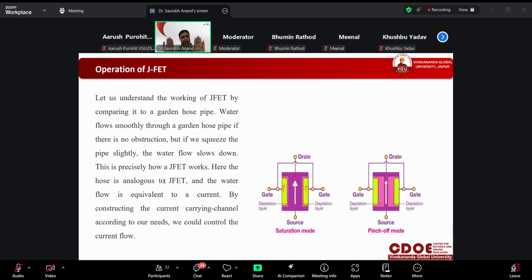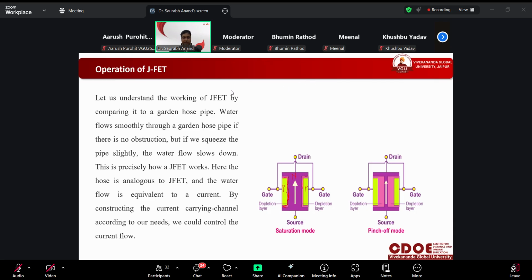After joining P and N, there was a junction, and similarly, this is that junction. At the junction, there becomes a depletion region. Depletion region means immobile charge carriers. Electrons and holes will recombine with each other and become neutral near the junction. So this is the depletion region between P and N type.